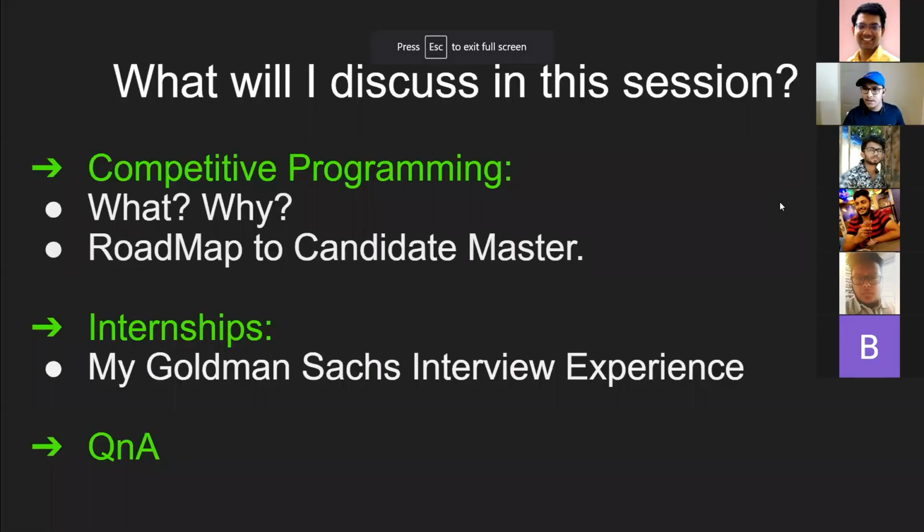So in this whole session, these are the things that I will be talking about. First of all, I'll be talking about competitive programming. I mostly am familiar with competitive programming. I am not really familiar with development, so I wouldn't be talking about software development per se. I would also be talking about my Goldman Sachs interview experience, so maybe you guys can learn something from it.